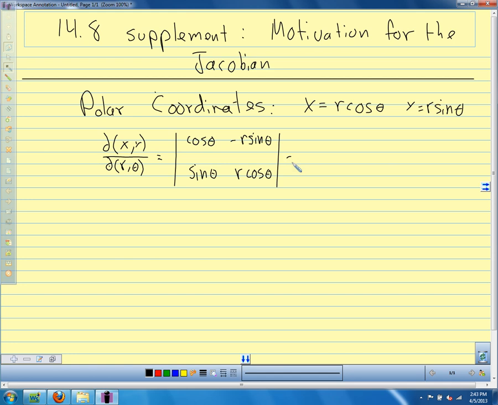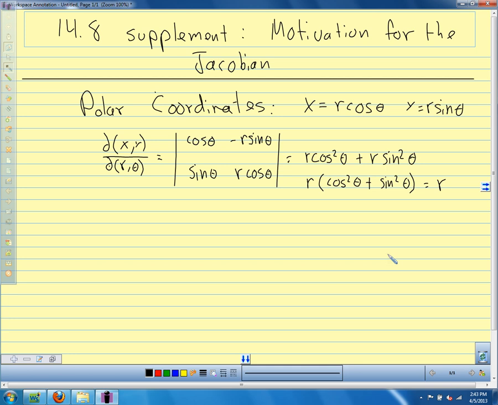When we form this determinant, we get r cosine squared theta plus r sine squared theta. We factor out the r, we get r times cosine squared theta plus sine squared theta, and our Jacobian is just r for polar coordinates.